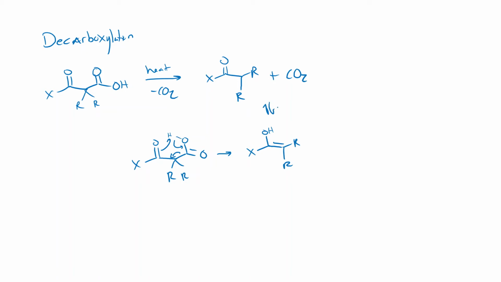And then that enol, if we just transfer the H plus to the carbon from the oxygen, is the same as the ketone. So again, the mechanism is not something you need to know. What's important is that you start with a 1,3-dicarbonyl with a carboxylic acid, and then you heat it up to lose CO2.